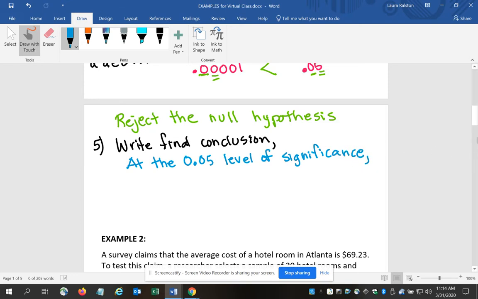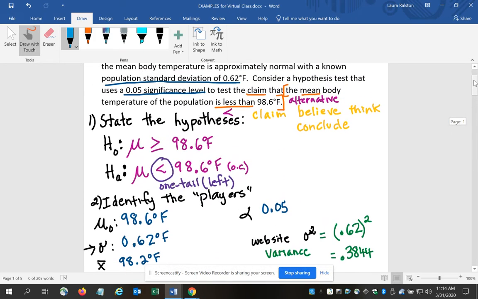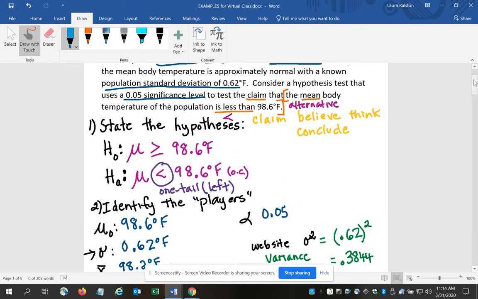And then let's go back up to our hypotheses and try to figure out what this means. We're rejecting the null hypothesis, which means we believe the null hypothesis is false.